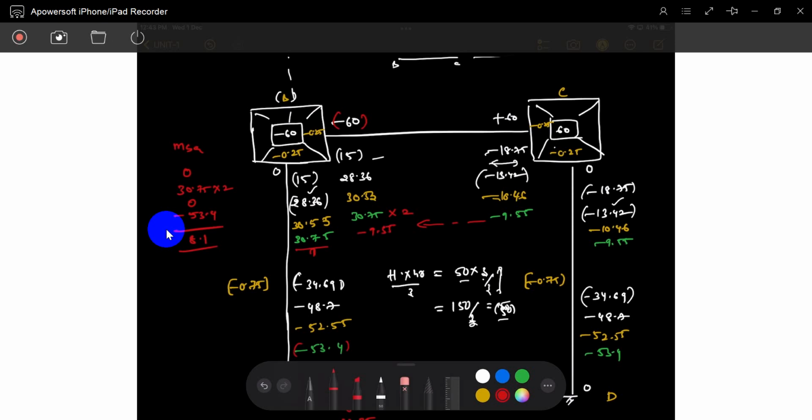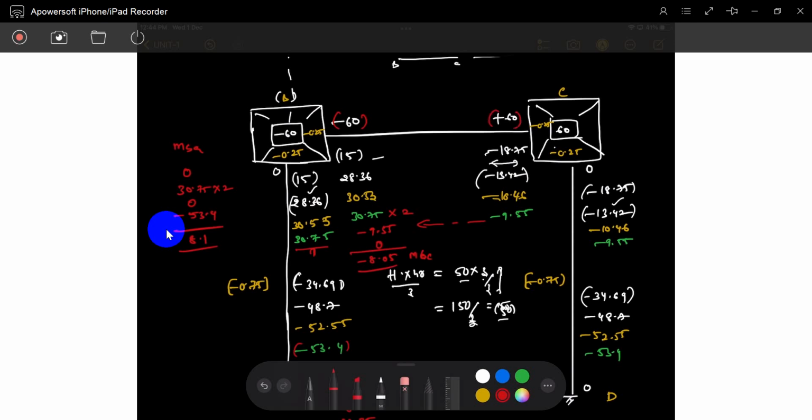There is no translational moment generated due to BC. Translational moments are generated only in the columns BA and AB, CD and DC, not in the beam BC. So the translational is 0. What is that value? Minus 8.05. That is MBC.